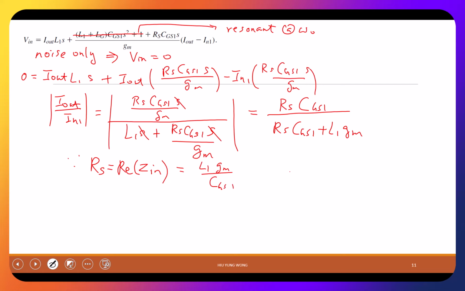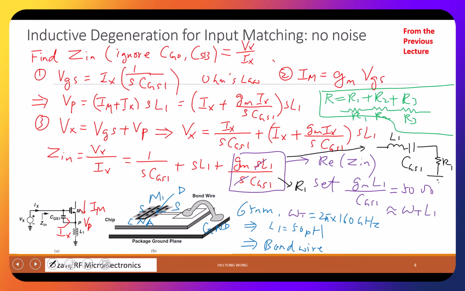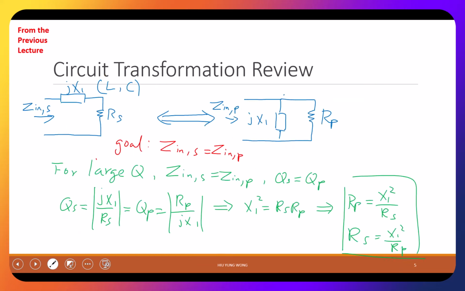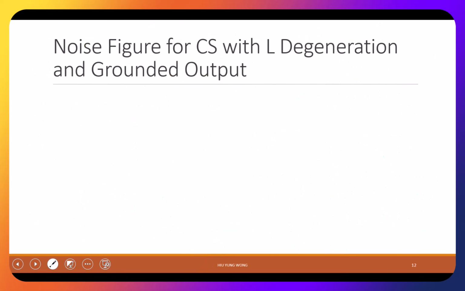This one. We say R1 equal to GM times L1 divided by CGS1, right? When you match the impedance. And this one is just RS, right? We call it R1 here, but that is just RS, because you match the source impedance, RS, 50 ohm, right? Any questions?